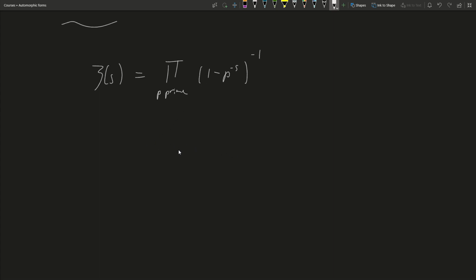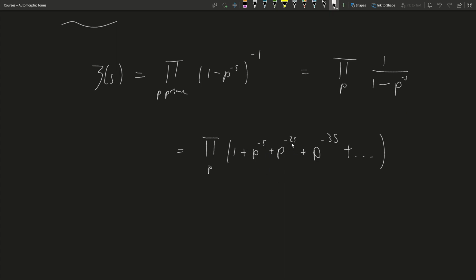You recognize this as a geometric series, so it's a product over primes of 1 plus p to the minus s plus p to the minus 2s plus p to the minus 3s plus dot dot dot, right? Because if you had this expression, you would say, oh, that's a geometric series. Maybe it's slightly clearer if I just rewrite this as 1 over 1 minus p to the s.